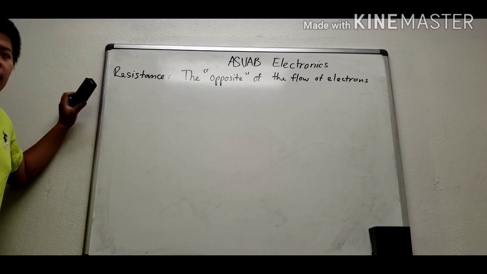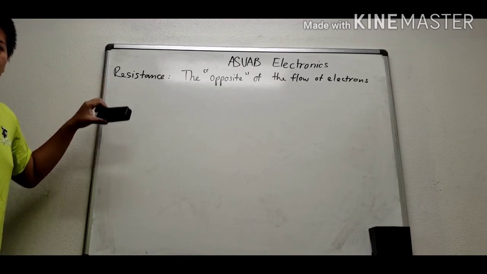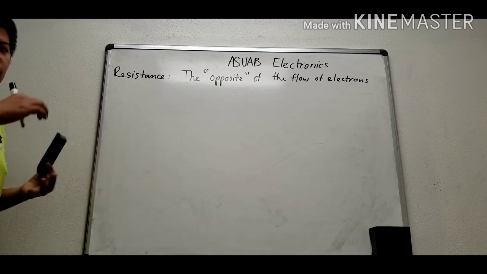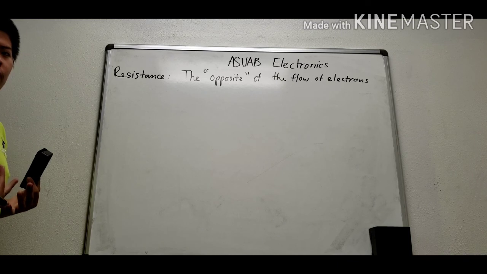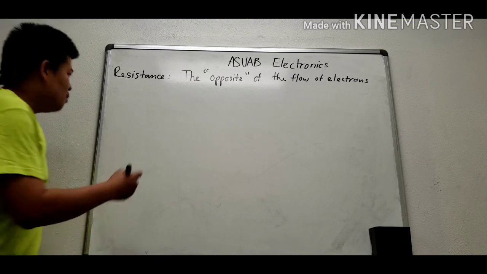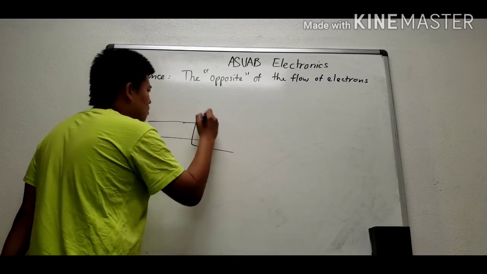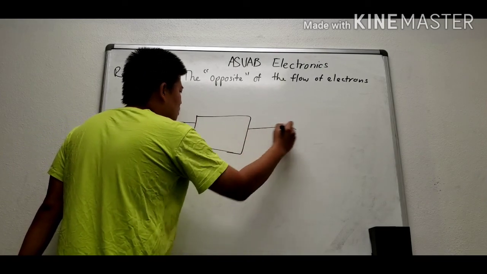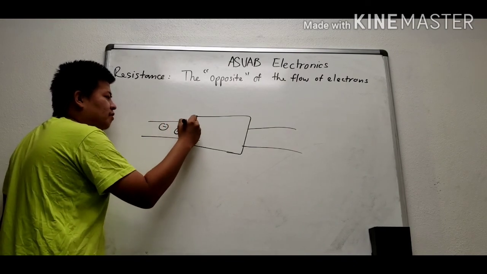It means they don't want the flow of electron to go through fast. They just reduce the speed of the flow of the electron. For example, we have the electron in here.